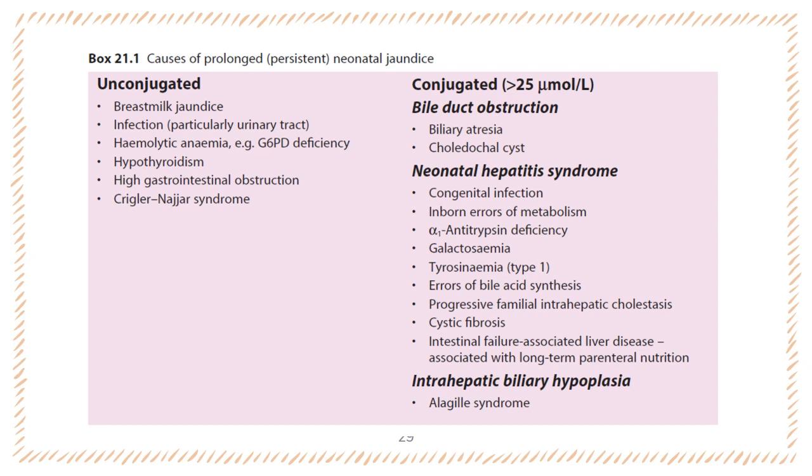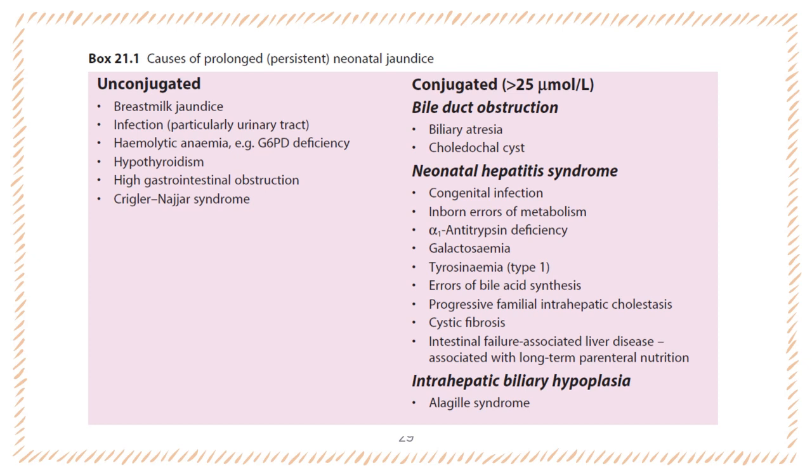But the most important take-home messages from this presentation were to remember the basic physiology of bilirubin, because if you remember that, A, you'll be able to answer many of the exam questions, and B, when we come to talking about the diseases, it will be much easier to understand and remember why each of them causes jaundice.